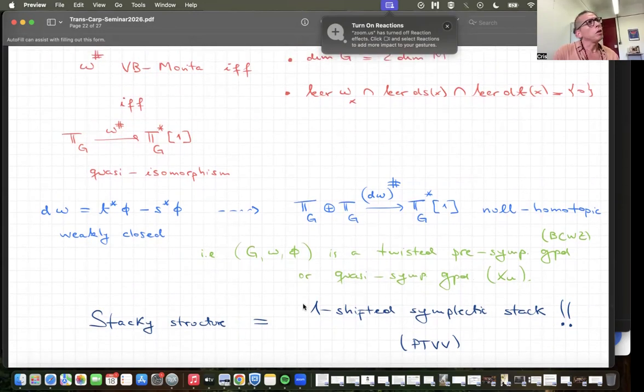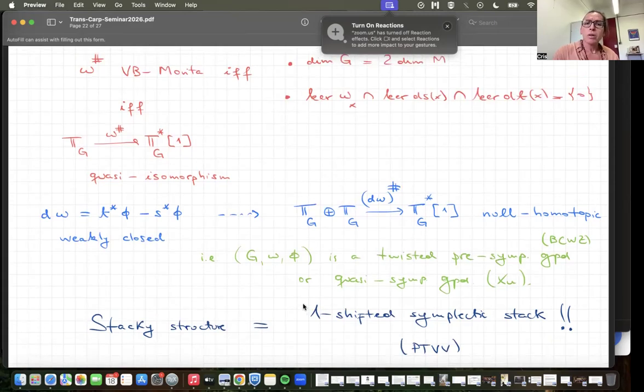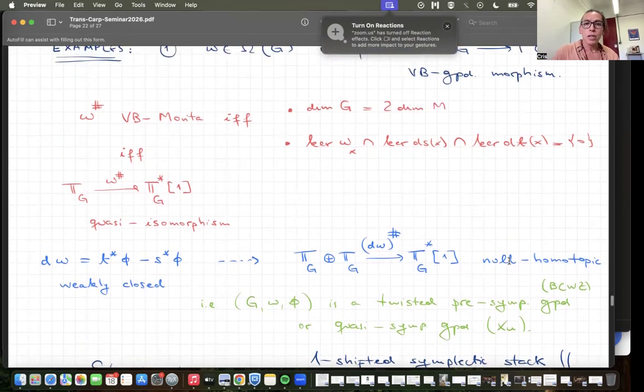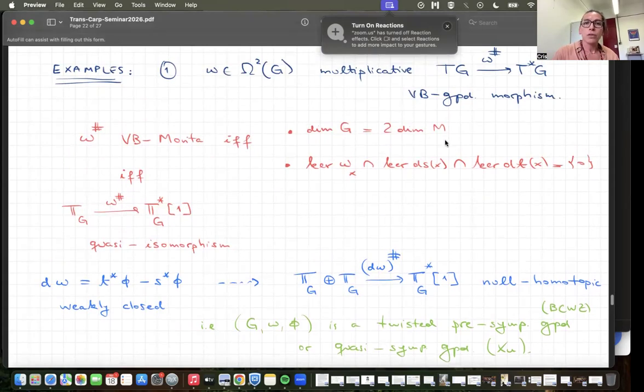I think this paper was published in 2013, but 10 years earlier, there was a paper by Ping Xu on Morita equivalence of quasi-symplectic groupoids, and another paper by Bursztyn, Crainic, Weinstein, and Zhu on the integration of Dirac structures, where they independently found this kind of structure on a groupoid: a multiplicative form with this more flexible non-degeneracy condition and this more flexible integrability condition.